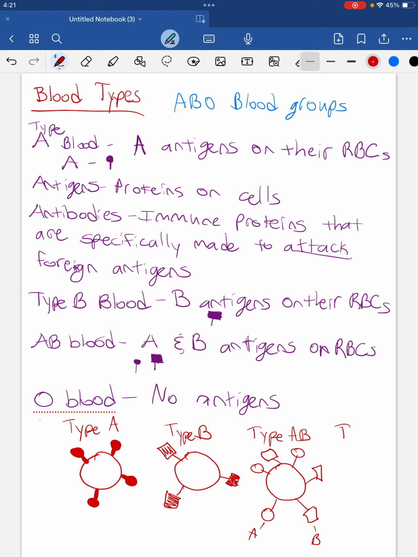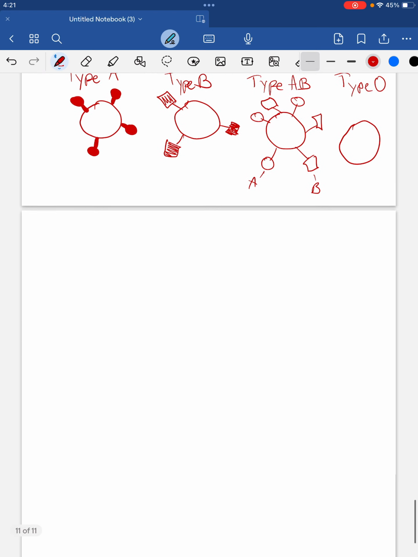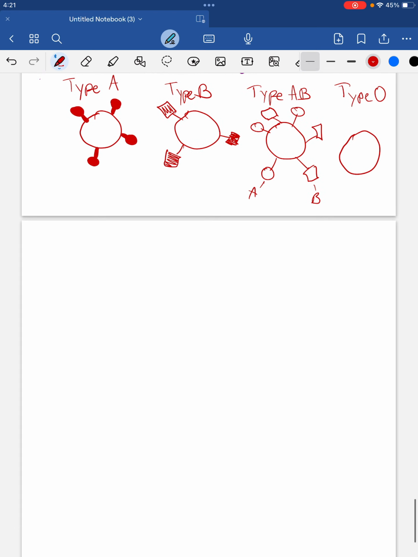And then we have our sad type O with no antigens. Nothing, it's just a red blood cell. So there we have all of our blood types and their antigens.